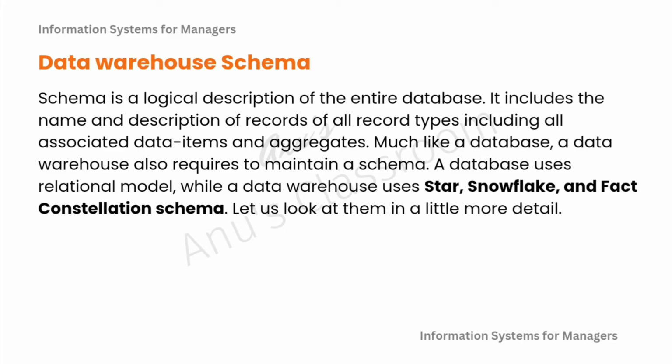Schema includes the name and the description of records of all record types, including associated data items and aggregates. Much like a database, a data warehouse also requires a schema. A database uses a relational model, while a data warehouse uses schemas like star, snowflake, and fact constellation. We will look at them in a little detail.